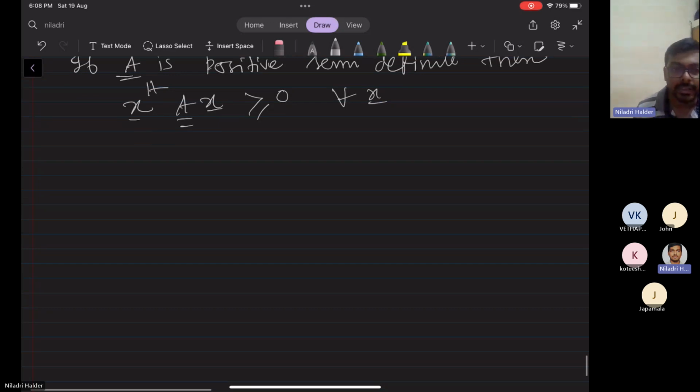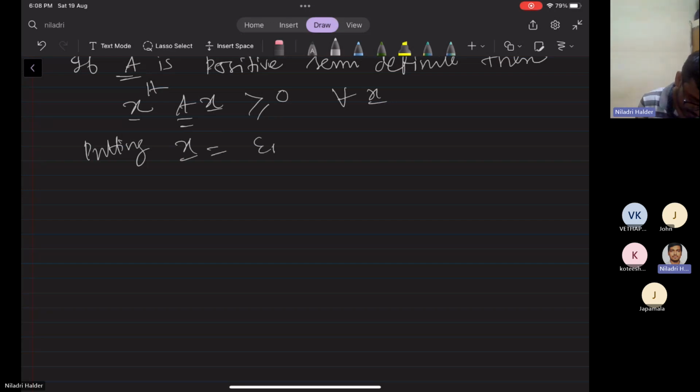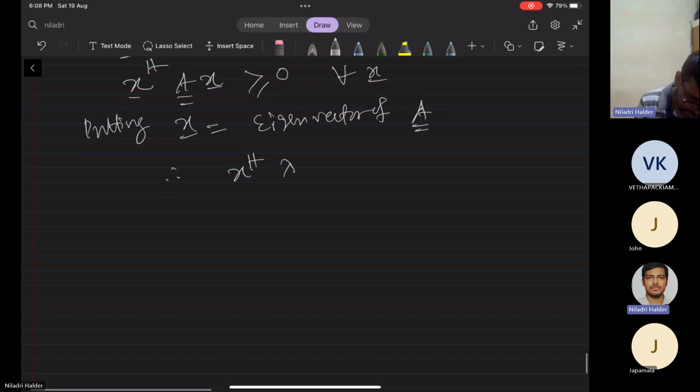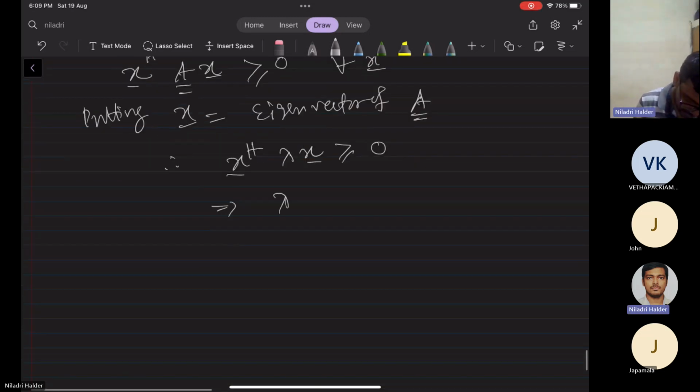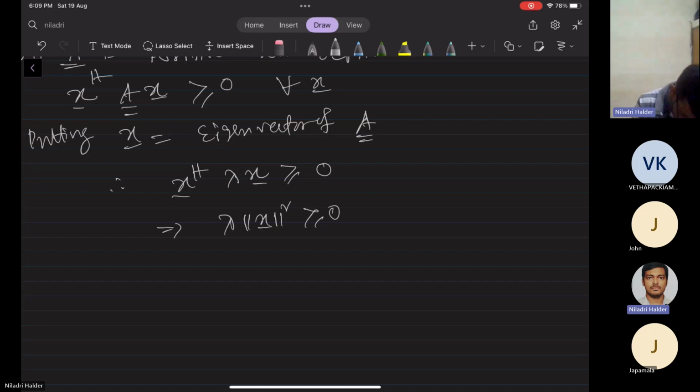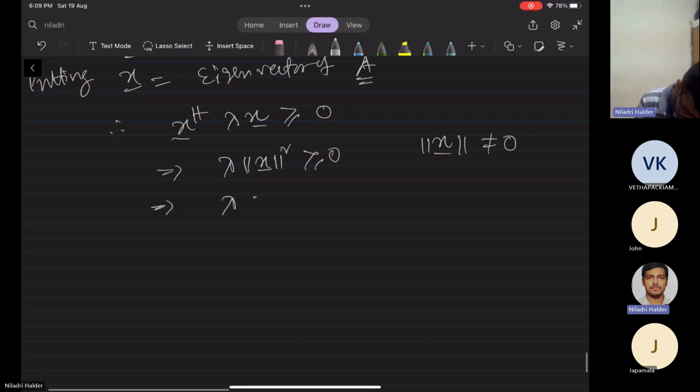So then we can put x as an eigenvector of A. So A x equals lambda x, and x Hermitian A x is greater than or equal to 0. That means lambda times mod of x squared is greater than or equal to 0. Now the eigenvector is non-zero, so the mod of x is non-zero. That means lambda is greater than or equal to 0.